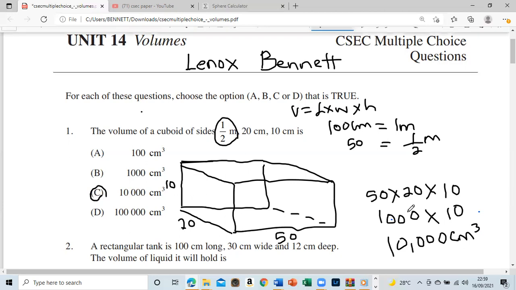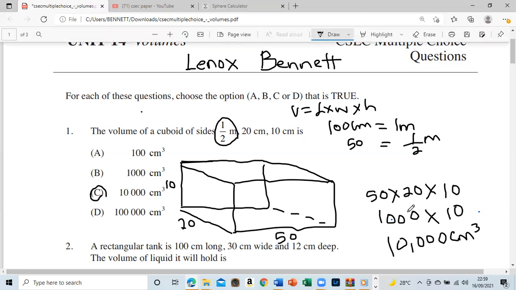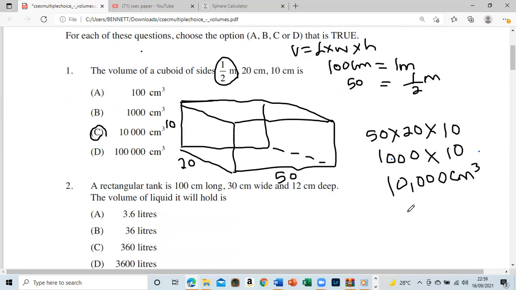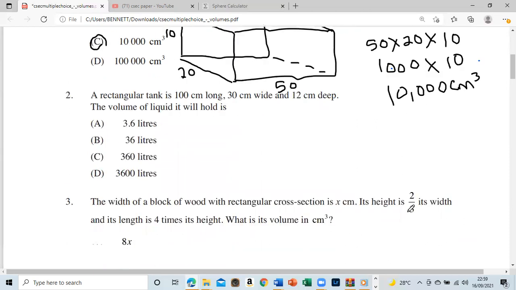Let's move down to number 2. Very nice question indeed. I know you guys love it, but all good things must come to an end. A rectangular tank is 100 centimeter long, 30 centimeter wide, and 12 centimeter deep.